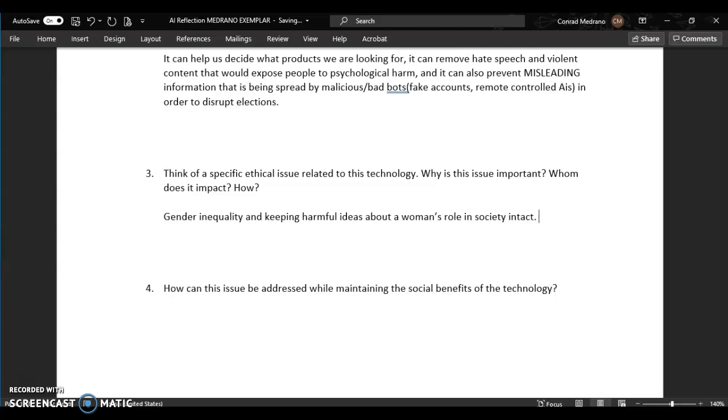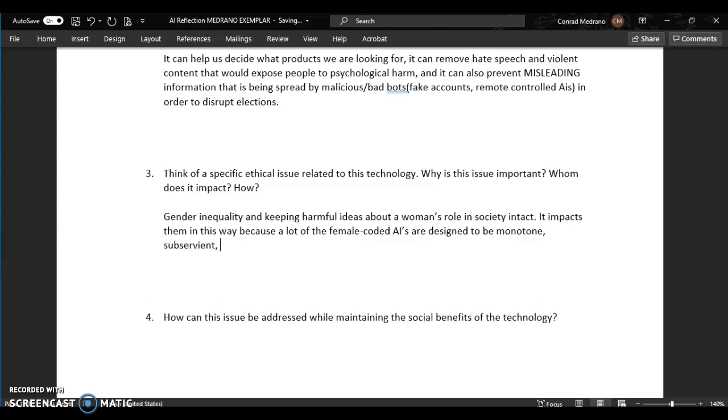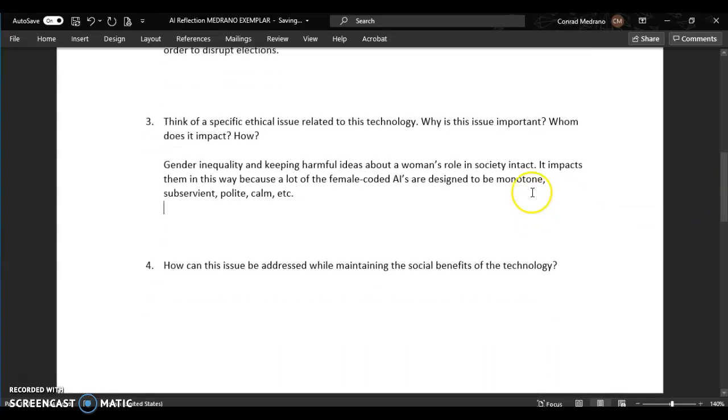Okay, so it impacts them in this way because a lot of the female-coded AIs are designed to be monotone, subservient, right? Polite, calm, etc. And this is a lot of how some people feel in real life, you know, they're like, hey, a woman should be calm, collected. But if a guy breaks windows, they're like, oh, you know, boys will be boys. He's just a little upset.